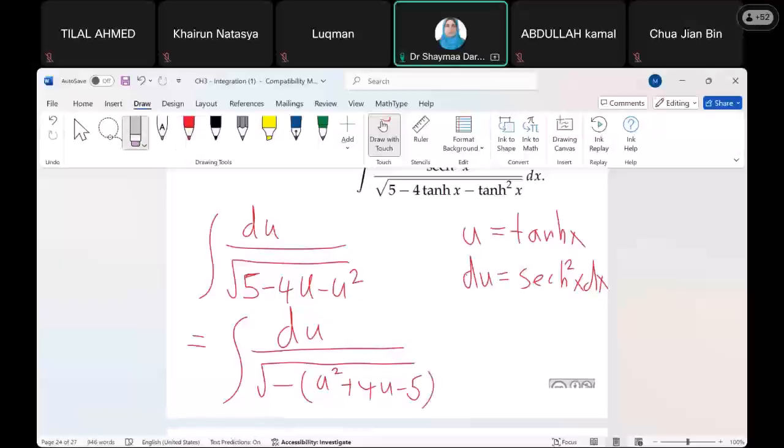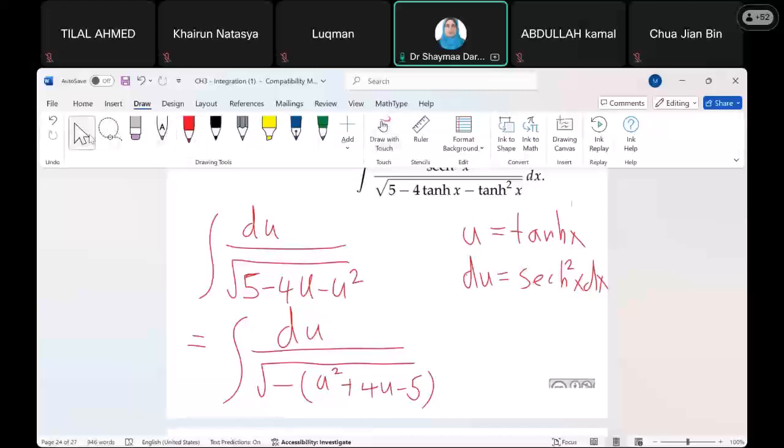Be sure that u square is positive before completing the square. So how to make u square positive? You need to take minus as a common factor outside. So u square minus 4u becomes plus 4u, and instead of plus 5, minus 5.